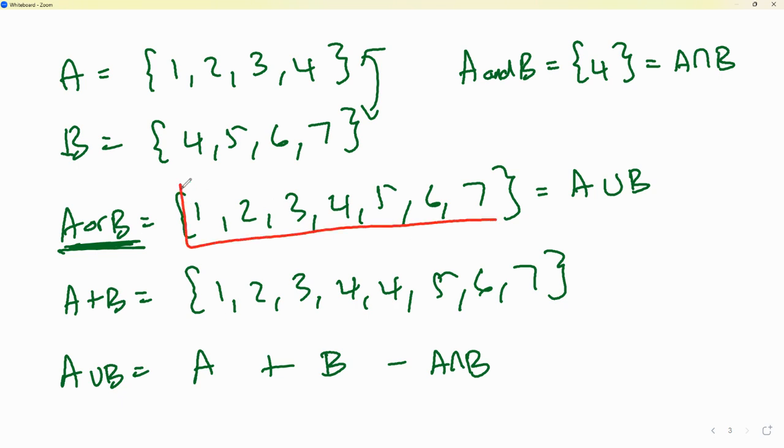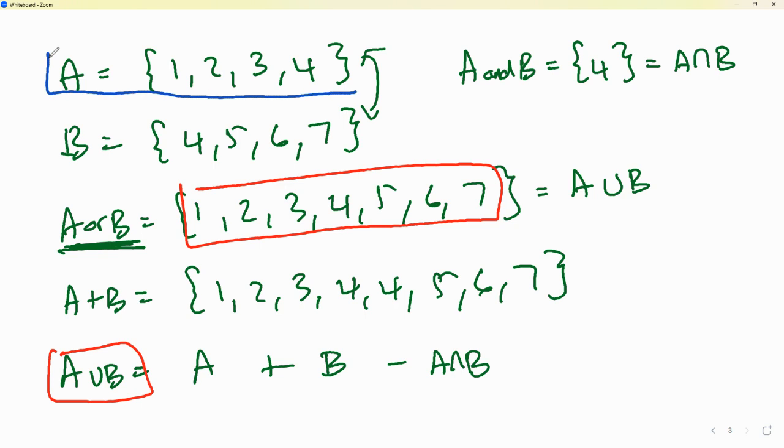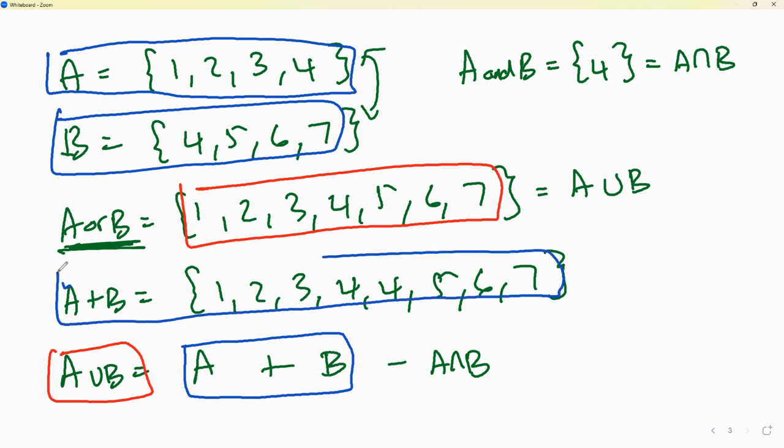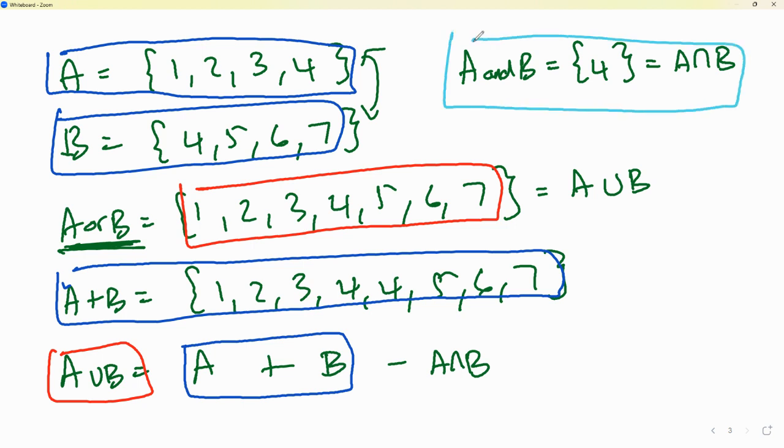So what am I saying? I'm saying that this is equal to this plus this, which is that actually, minus the intersection of the two. Okay, so I'm minusing the intersection of the two, which is going to be that part there.